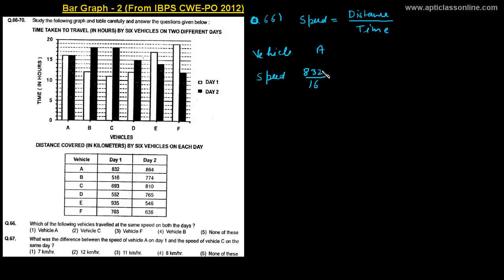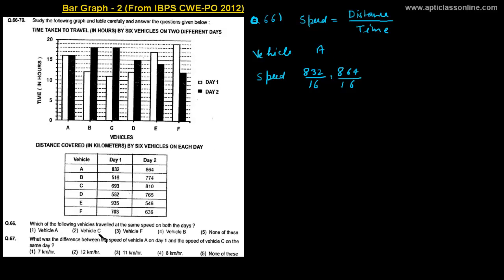So that is 16 for day 1, and for day 2 it is 864 divided by again 16. That is not possible because the time is the same. If the time is the same and the distances are different, the speeds are different, so it cannot be the possibility. We could have directly observed this from the table and the bar itself.